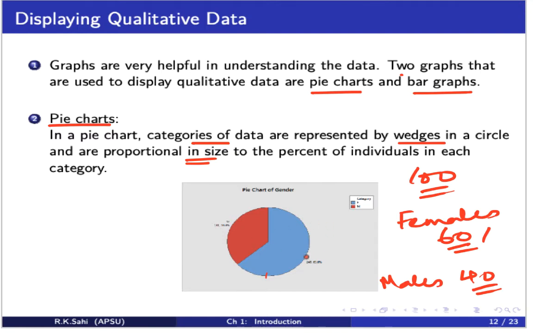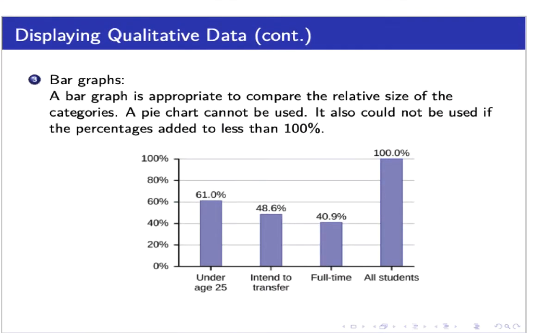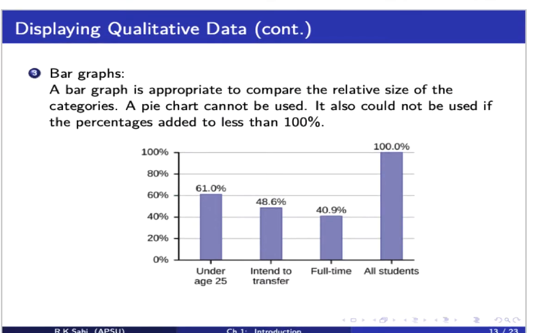Now let's look at bar graphs. A bar graph is very helpful when we want to compare the relative sizes of the categories. When you want to compare, then we cannot use a pie chart at all. Remember that. Also, it cannot be used if the percentages add up to less than 100%.